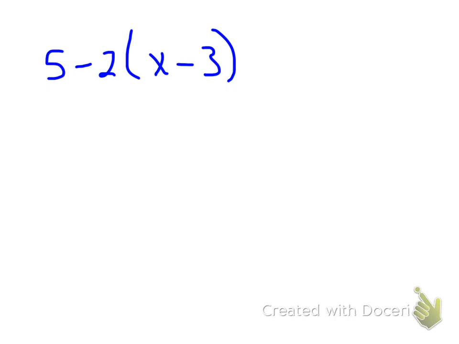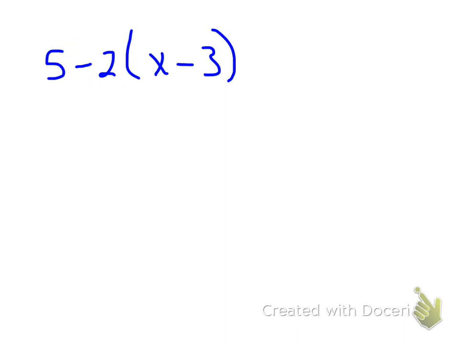Looking at an example like this, many students make mistakes because of how this looks and forgetting the order of operations. Again, no operation between the 2 and the parenthesis means that we are multiplying. So for order of operations, I need to multiply first. So 5 minus 2 times in parentheses x minus 3, I'm actually distributing not just a 2, but a negative 2.